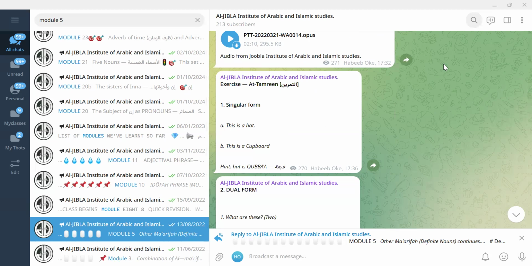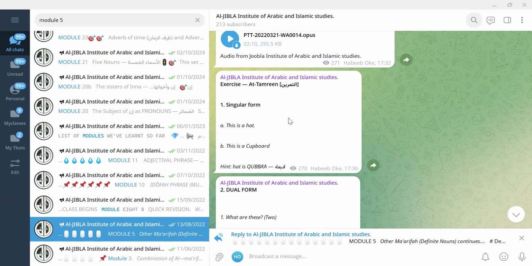هذه قبعة. The ba has a shadda. So another person, this is a cupboard. Excuse me, is it qubba or qubba'a?